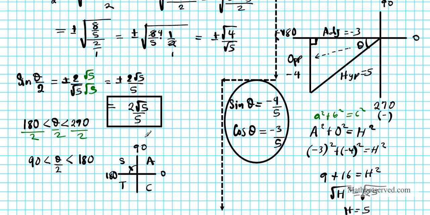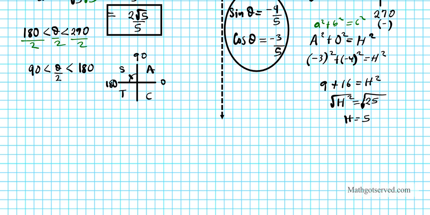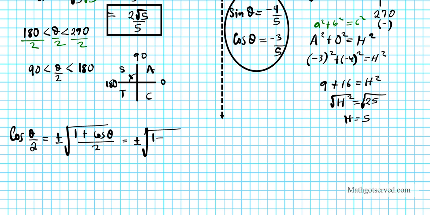Okay? All right, let's go ahead and look for cosine theta over 2. For cosine theta over 2, we're going to use the formula plus or minus the square root of 1 plus cosine theta, over 2. So we're going to have plus or minus the square root of 1 plus cosine theta, which is negative 3 over 5. Let's put it in here, negative 3 over 5, over 2.